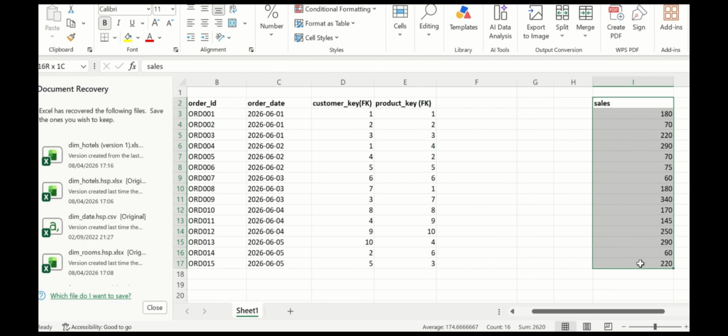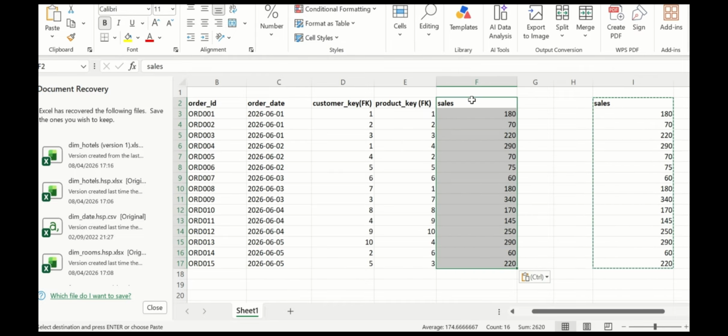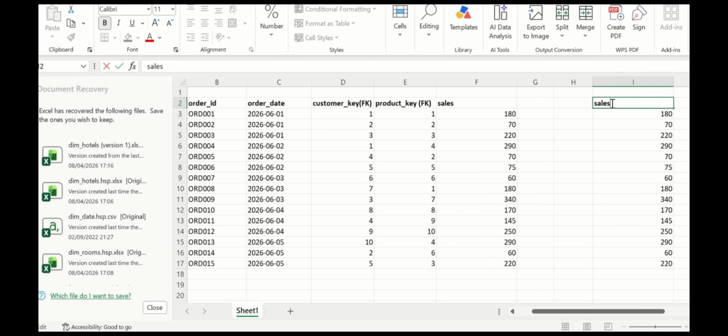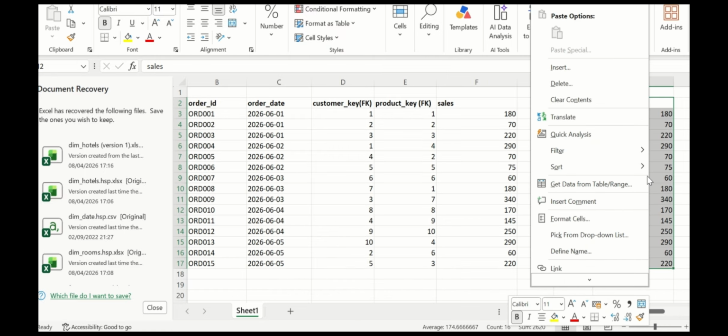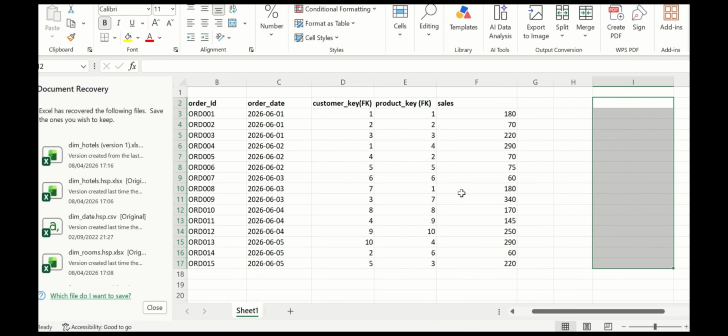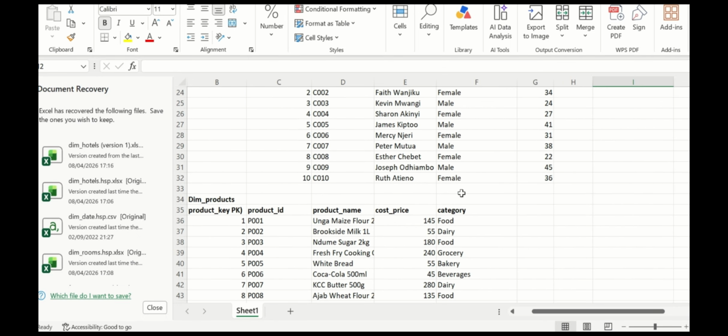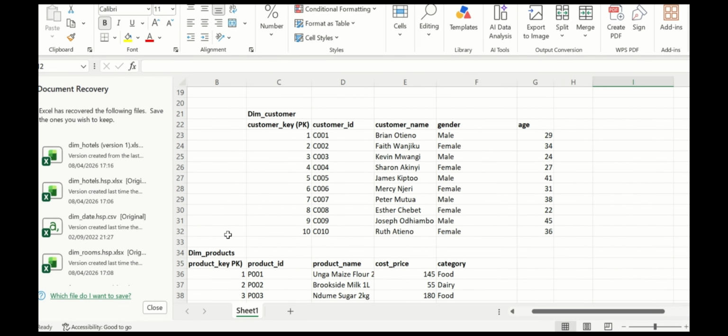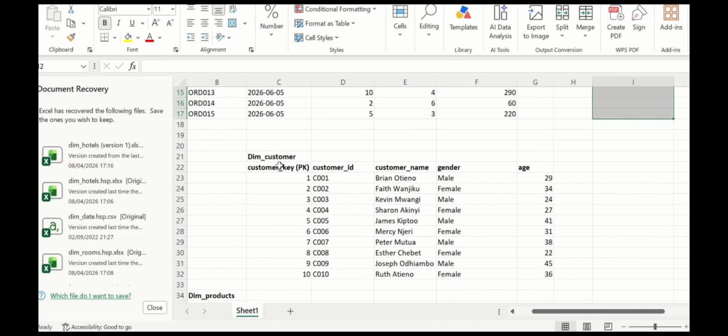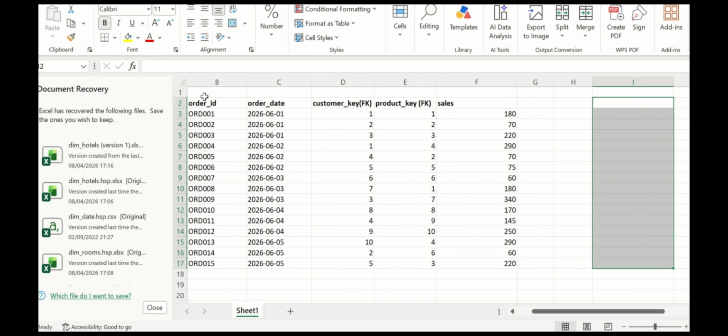And then you can take this one here, and this one we can clear. So we have our dimensional products, our dimensional customers, and here we have our fact orders.